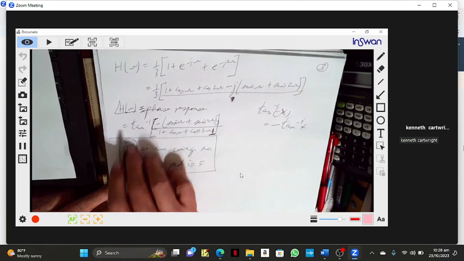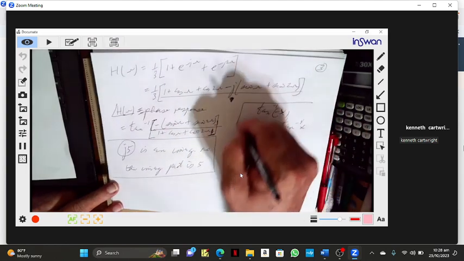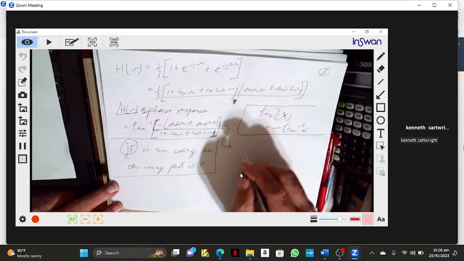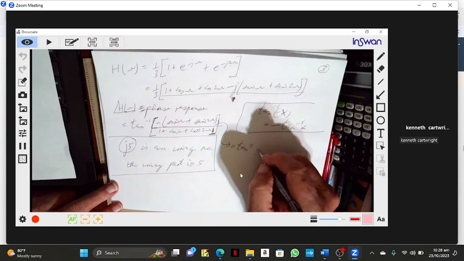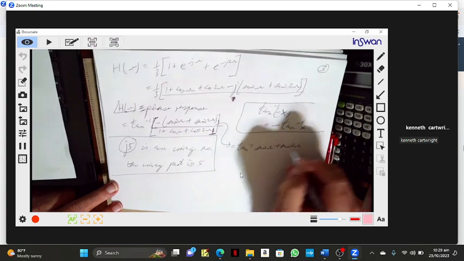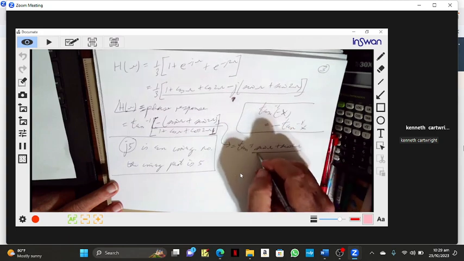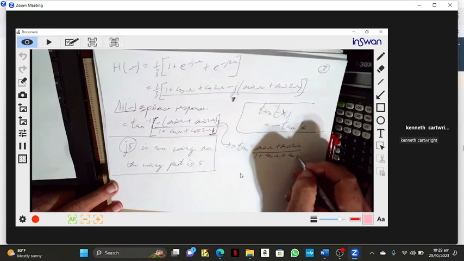So we can bring this negative sign out. So this is equal to inverse tan of sine omega plus sine 2 omega over 1 plus cosine omega plus cosine 2 omega.